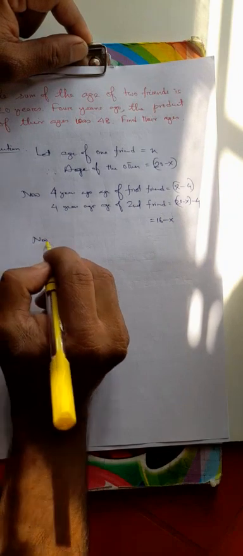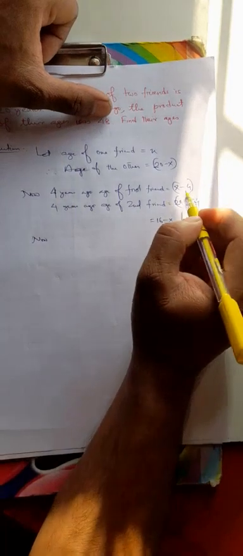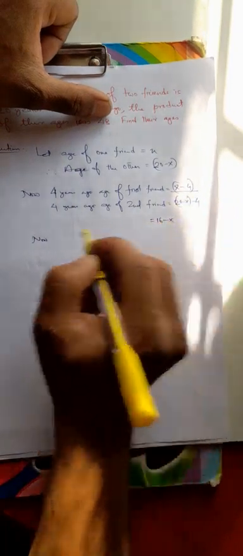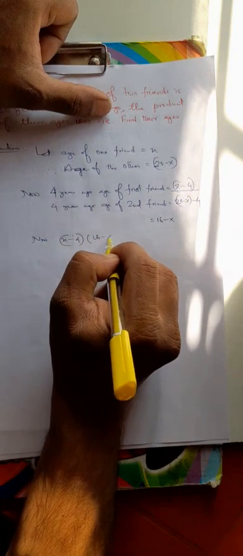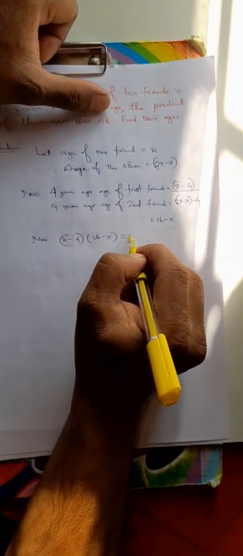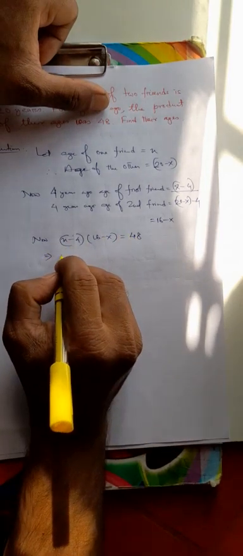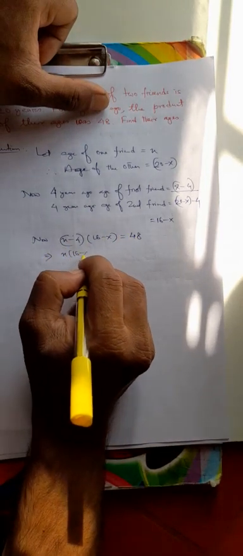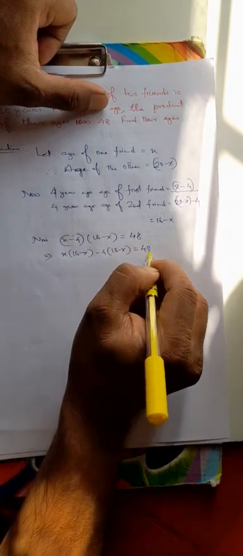Now it says that 4 years ago product of their ages was 48. Product of their ages, x minus 4 into 16 minus x equal to 48. Now let's simplify this. X into 16 minus x minus 4 into 16 minus x equal to 48.